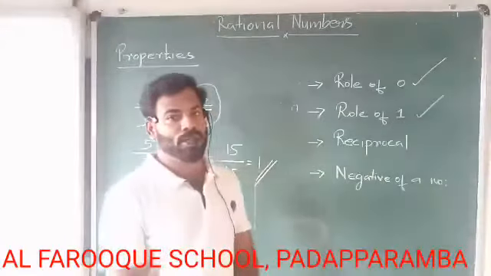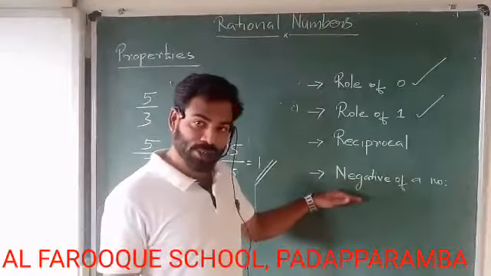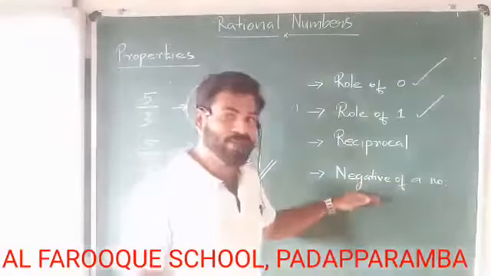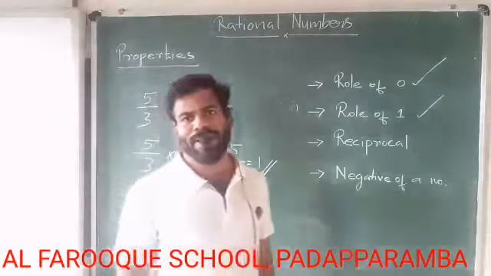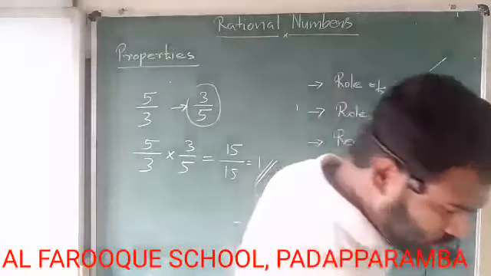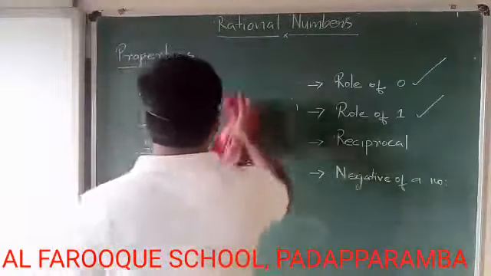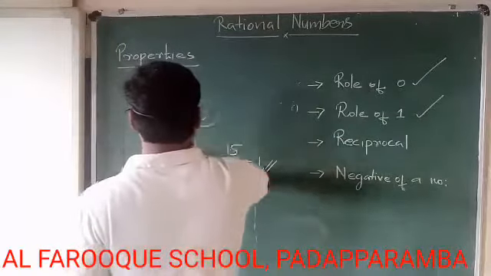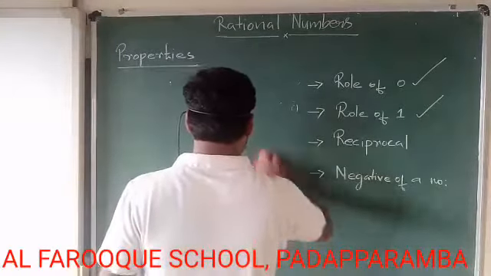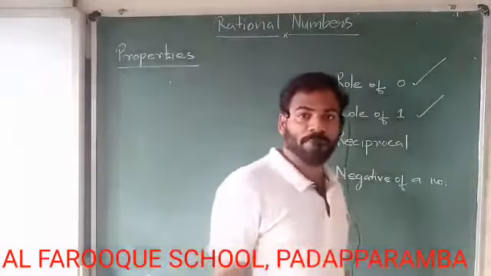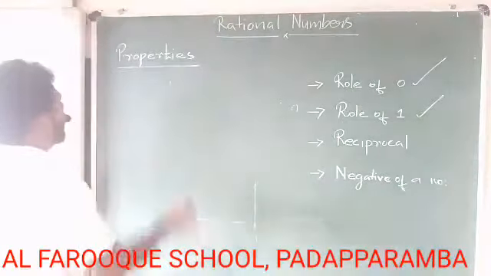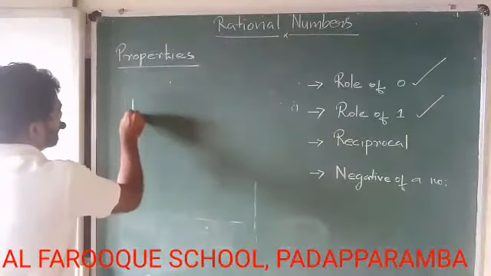Now we are moving to the final point of today's class, that is negative of a number. What is meant by negative of a number? Very simple. If we change the sign of the number, then we can say that number is the negative of that particular number. For example, 10.